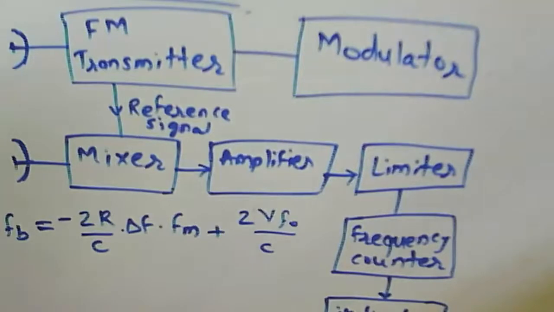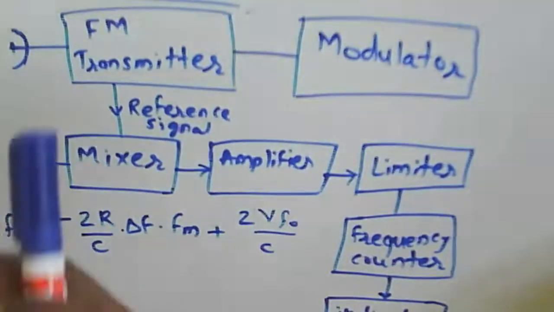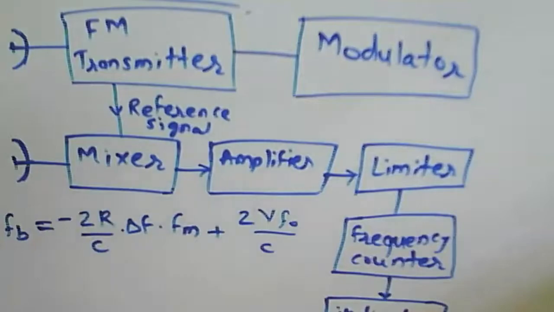Because what will be the velocity of the target, this one v here, and that will define the range, and that range will be defined in terms of a shift frequency or beat frequency there. Because if you consider a sawtooth one, there will be only one slope, and if you consider a triangular one, there will be two slopes, one upward slope and a downward slope.